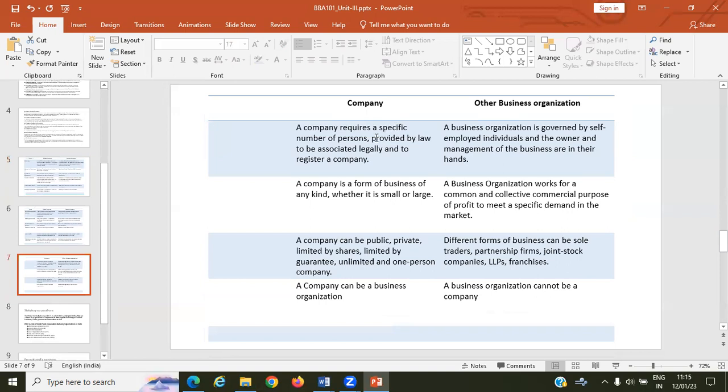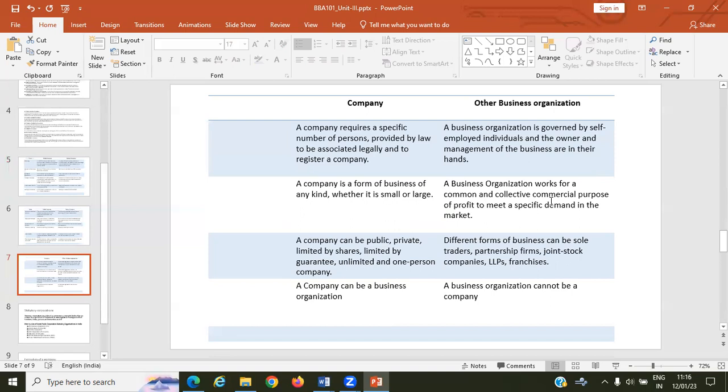A company requires a specific number of persons, prescribed by law, to be associated legally and register a company. A business organization is governed by self-employed individuals, and the ownership and management of the business are in their hands. In a business organization, you are doing business with a common goal and objectives, joining hands with all partners.